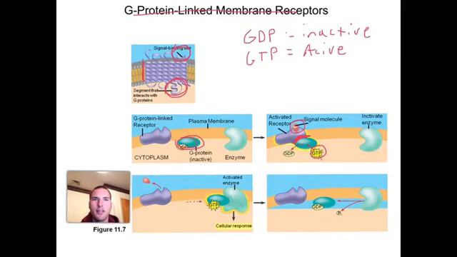So once that reaction has happened, then the activated G protein is just going to be released from the receptor protein, and remember it can move around in the plasma membrane.